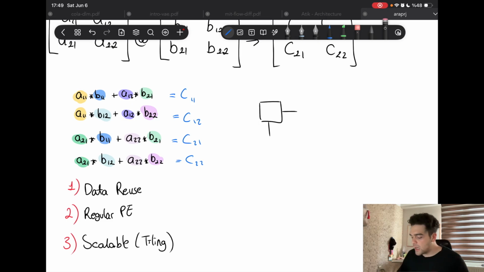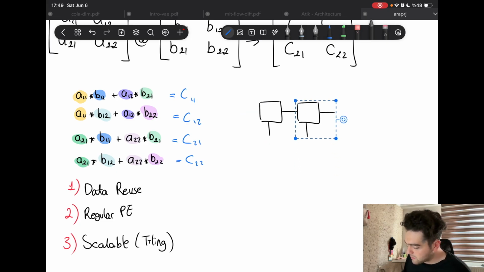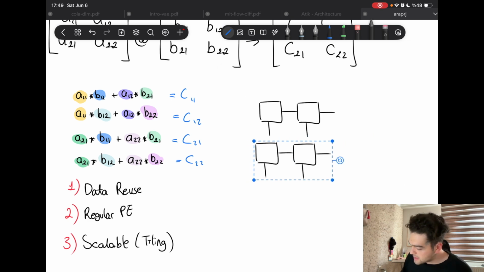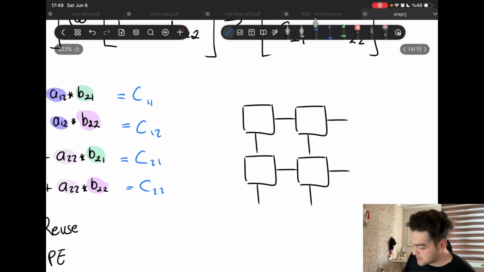So imagine we have a cell right here. This cell is responsible for basic multiply accumulation. So it will multiply two inputs and accumulate what it has from before. If I need a mesh that contains 4 cells, 2 by 2, I need to specify that these cells will take inputs from each other.